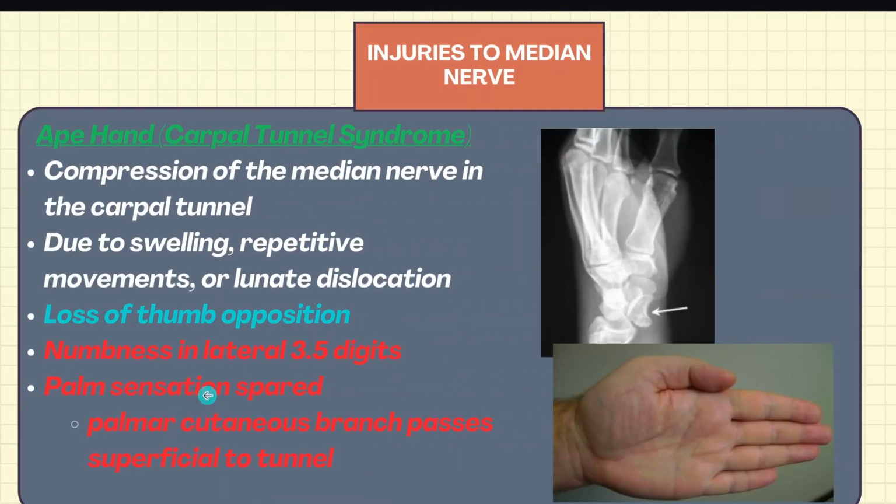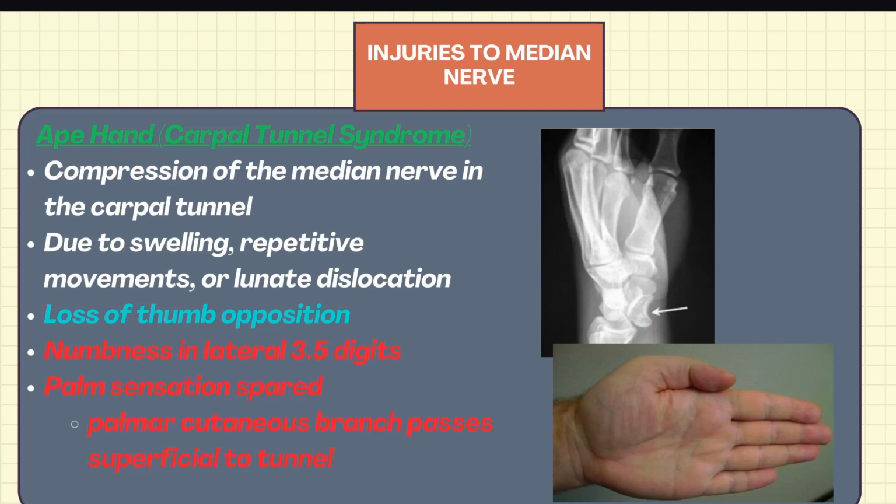Now, once you go more distally, if you have an injury in the distal part of the median nerve, you're going to have carpal tunnel syndrome. This carpal tunnel syndrome happens from a compression of the median nerve in the carpal tunnel, and it can happen either from swelling or repetitive movements, or, really important to know here, lunate dislocation. You can see here, lunate dislocation is going to cause compression of the median nerve.